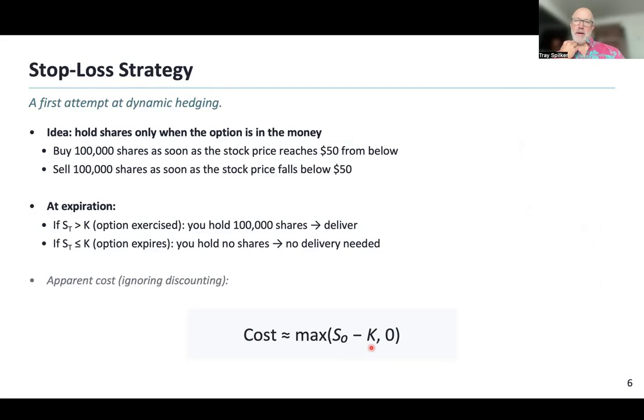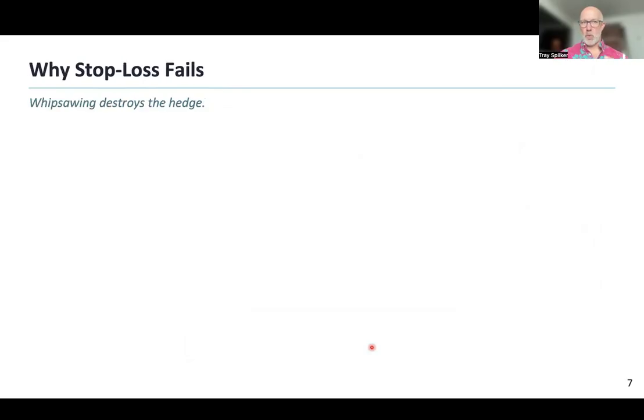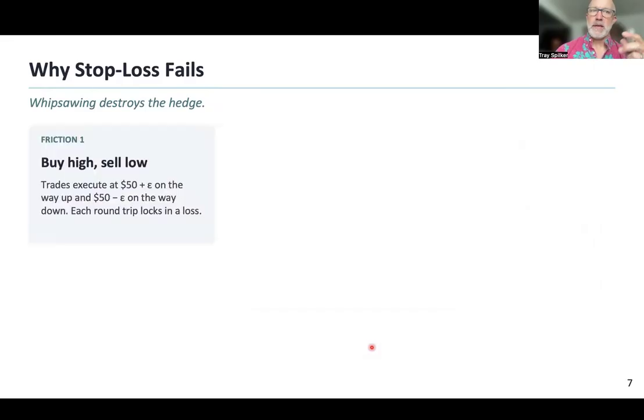So the problem is, this is rather naive, and we're going to see why this intuition is dangerous. Where does this thing fail? First of all, we are actually buying, and we can't buy exactly at $50 per share.